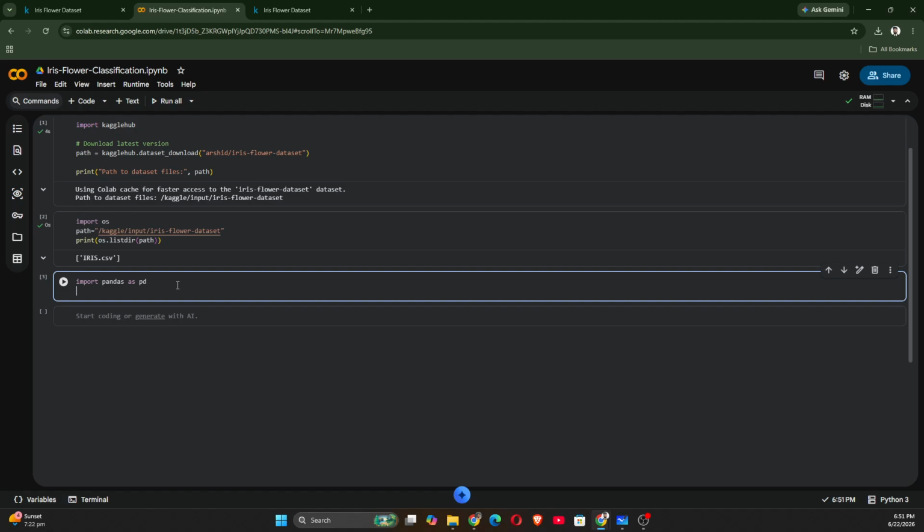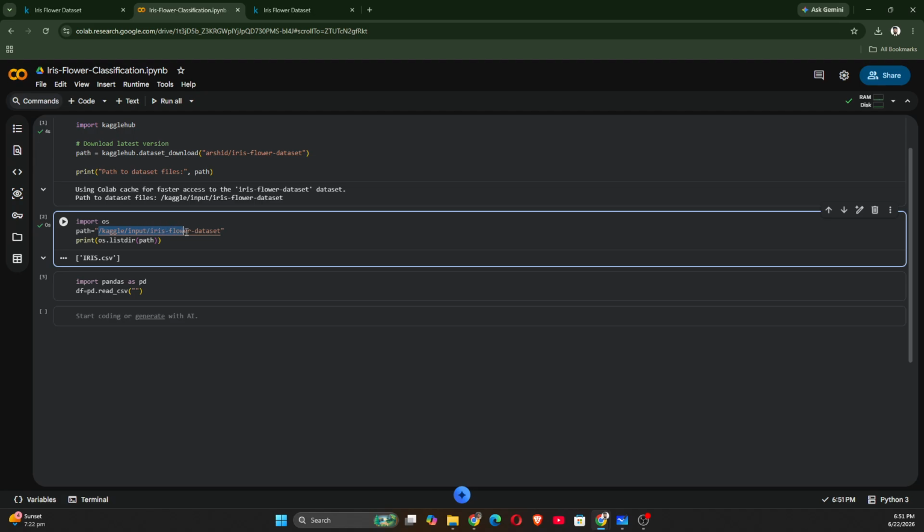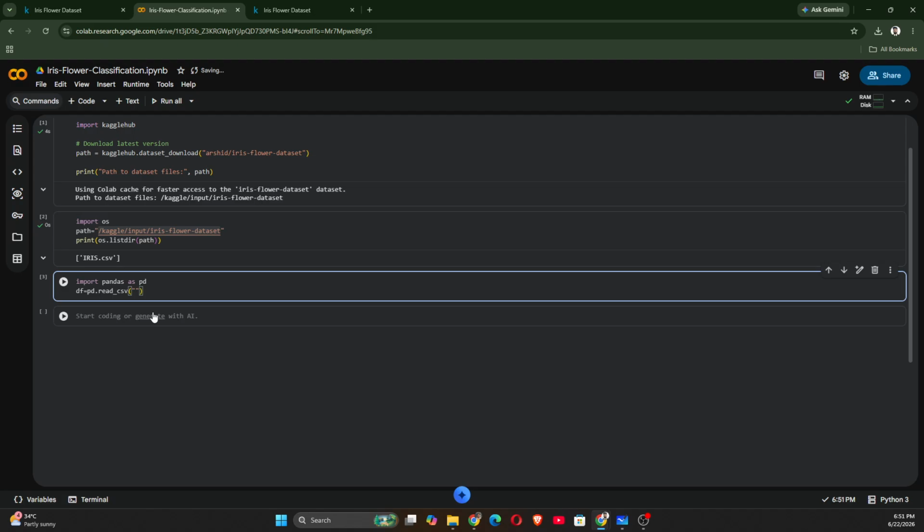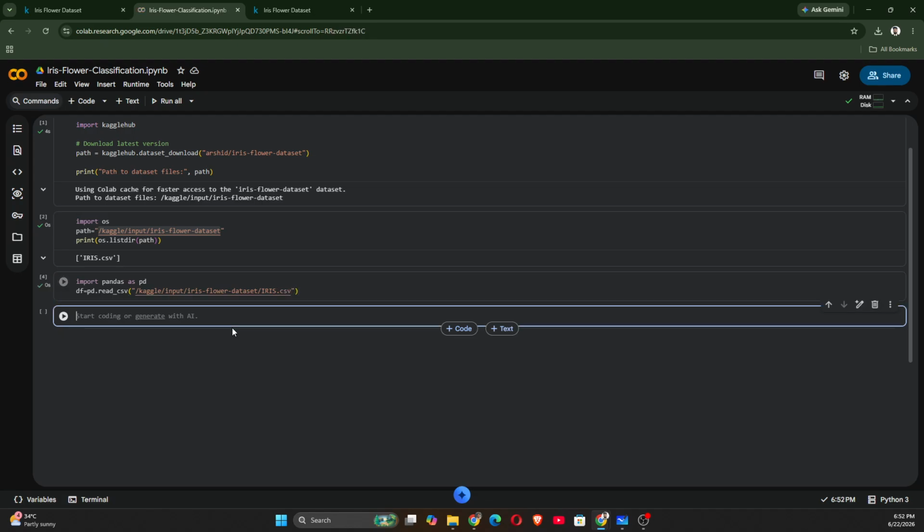So we will be using the pandas library, as pd.read_csv, and here is our iris.csv.